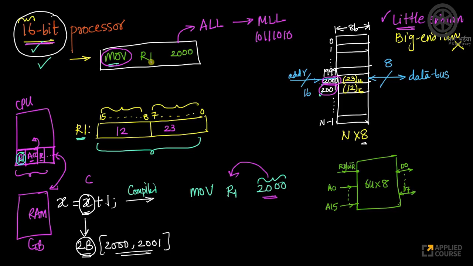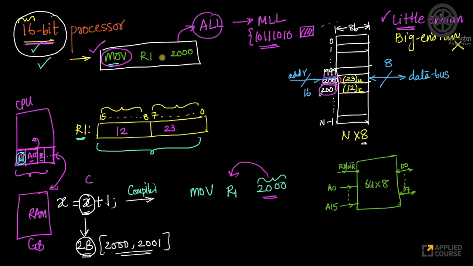R1 also will have some specific bit sequence. 2000 also, you can write as a bit sequence. But we will focus on the assembly level language because we can read this. If I start writing these machine level instructions in bit sequences, we'll not be able to read what's happening.